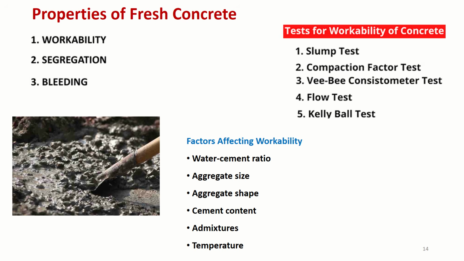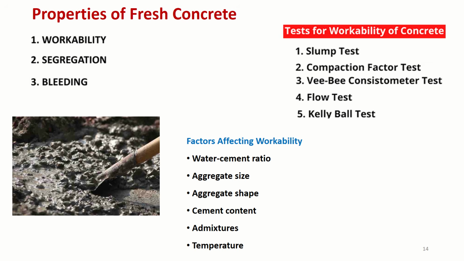Workability normally depends upon the water cement ratio. If more water is added to the concrete, workability will increase, but you know that if you add more water, it reduces the strength because of the formation of maximum voids. Second, with the aggregate size, when particles are finer, you need more water for mixing, and sometimes workability may get reduced.